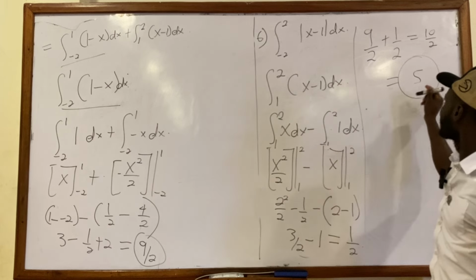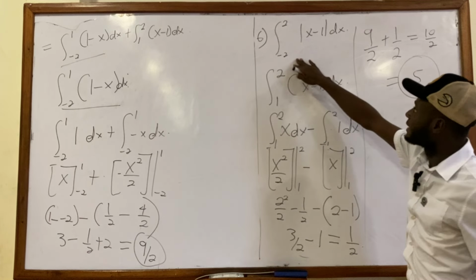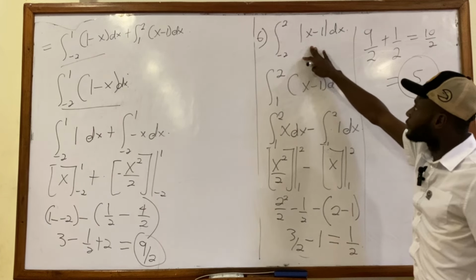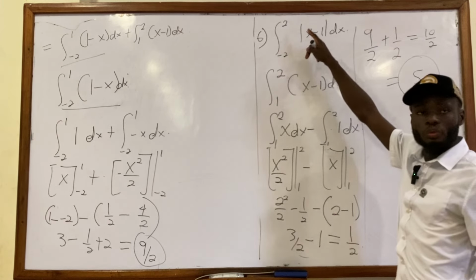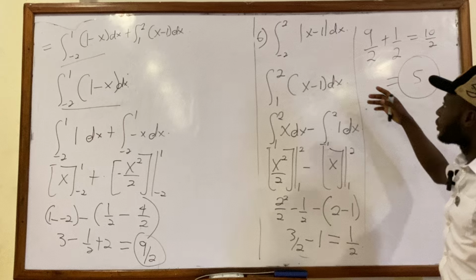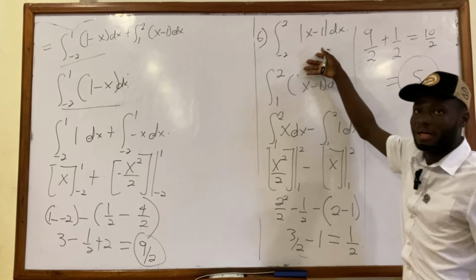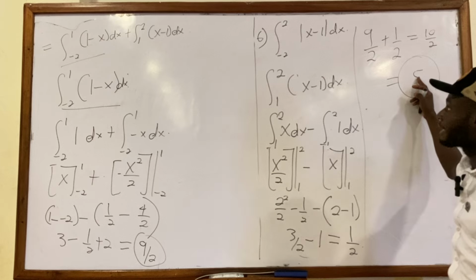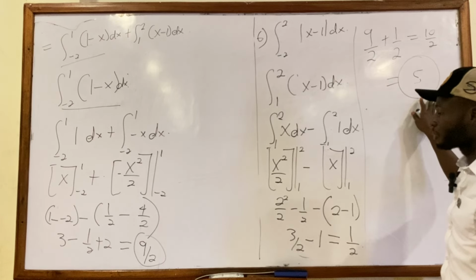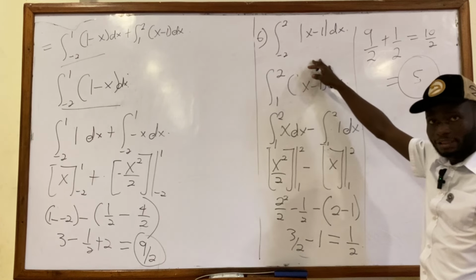So this is the value for the integral of absolute x minus 1 dx on the limit -2 to 2. So that when you evaluate this particular function, this is what you are going to have. All right. So this is the solution to this particular integration.